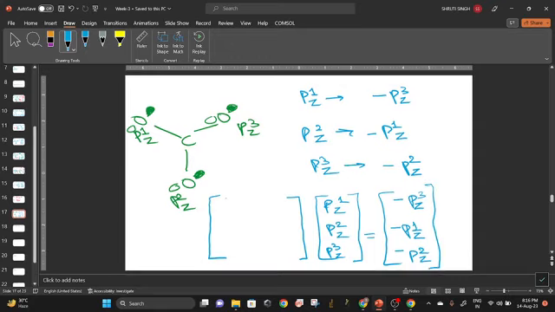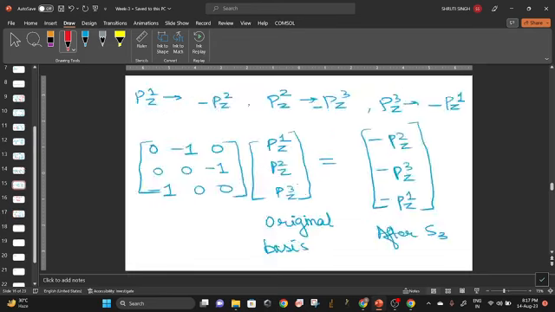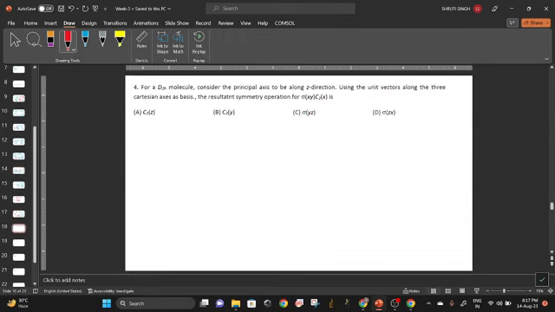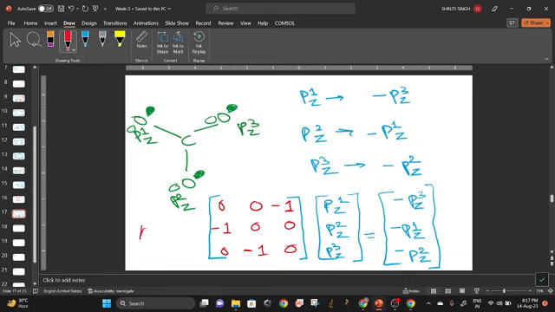So the matrix will be 0 0 minus 1, minus 1 0 0, 0 minus 1 0. Which answer is this? C. C is the correct one given, right? C. Okay, clear to both of you?